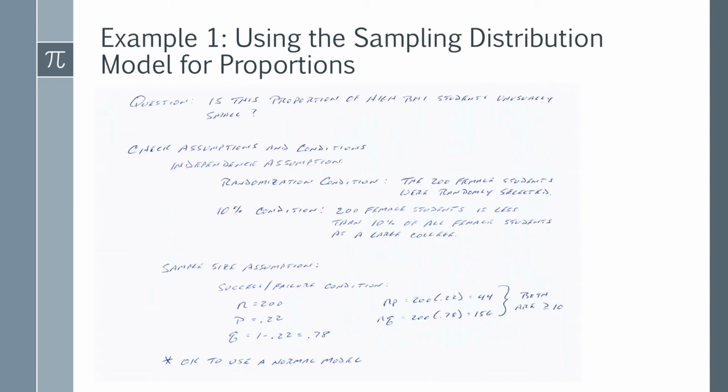Now we have to check our success condition. n times p, which is 200 times 0.22, equals 44. And our failure condition, n times q, equals 200 times 0.78, which gives us 156.